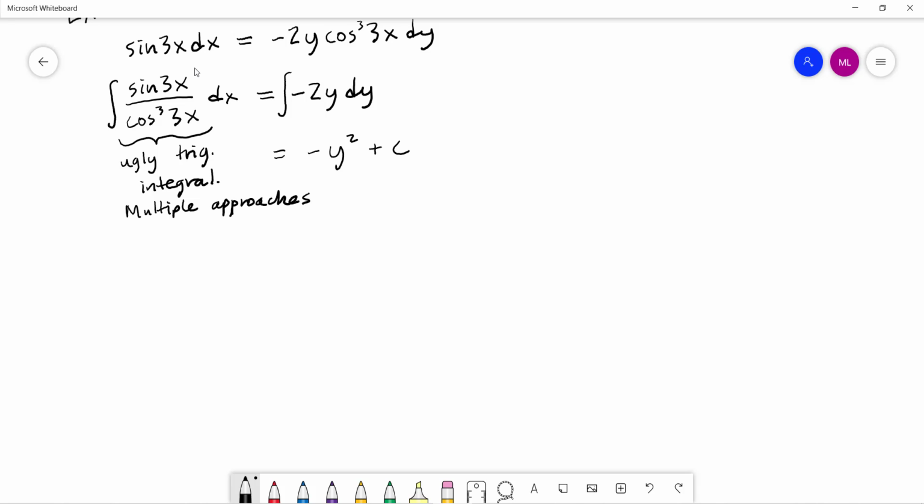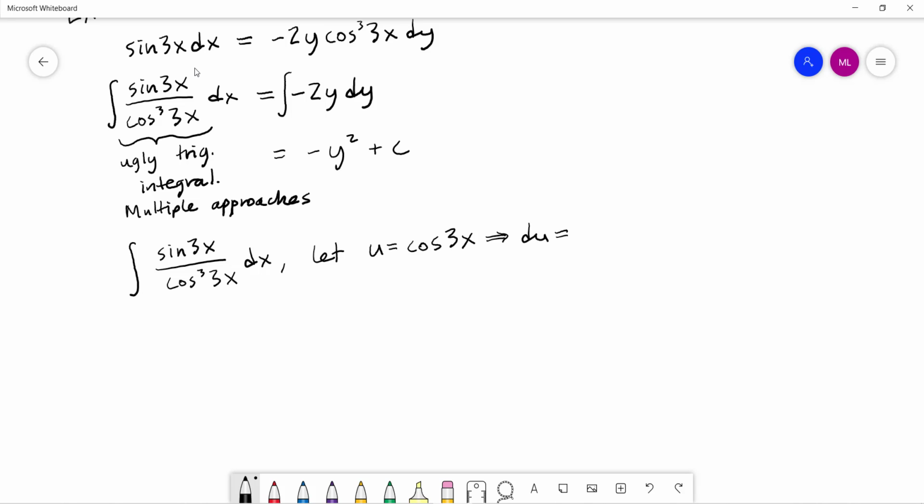So approach 1 is I just keep it as sine of 3x over cosine cubed of 3x dx, and do u substitution, letting u be equal to the cosine of 3x, which tells me that du, the derivative, is going to be, what's the derivative of cosine?